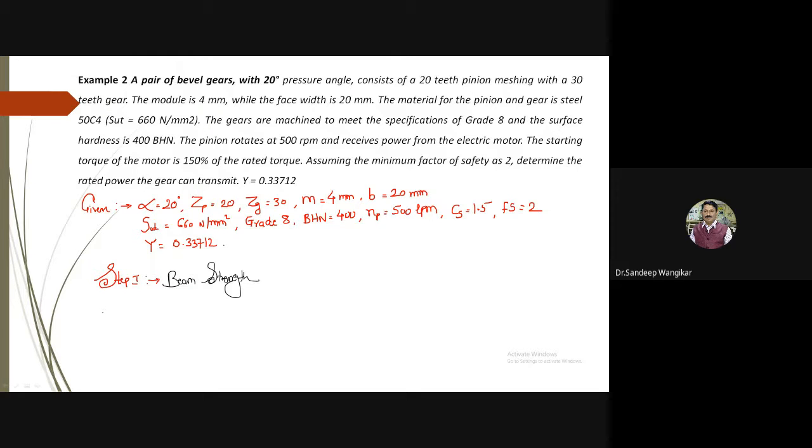Since the same material is used for pinion and gear, the pinion is weaker than the gear.